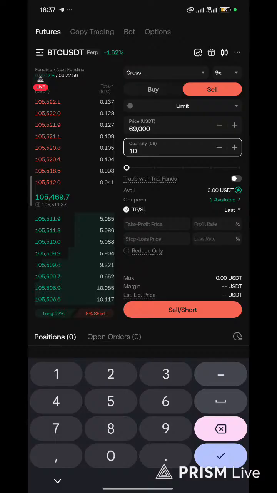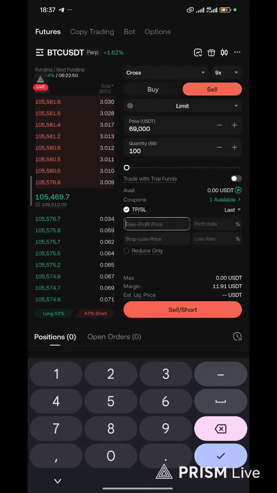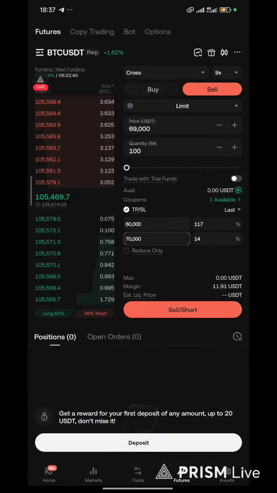The quantity of USDT, let's say we enter here with $100 liquidity, and we take profit at 60,000, and we set our stop loss at 70,000. This would have been a massive profit for you. 117% in under many minutes.